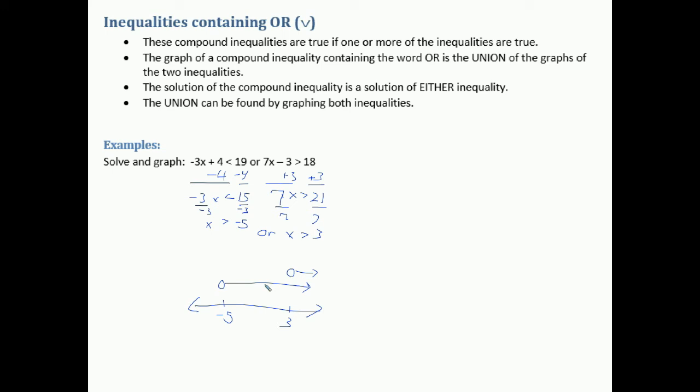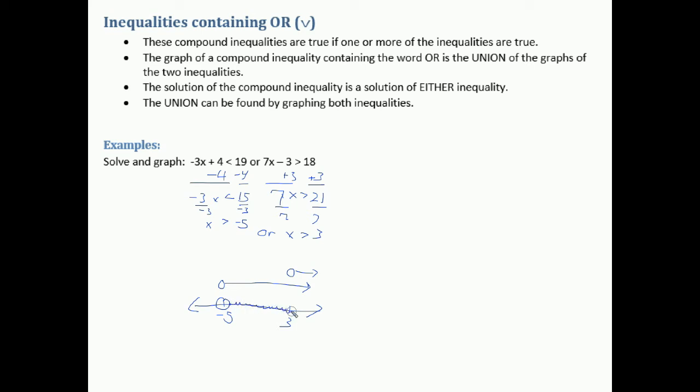Not both, but one. So as we look on our main number line, is this part of our number line covered over here to the left of -5? Well, this is not covered. So anything that's covered by any part works. Not covered, not covered. -5 is not covered, but just to the right of it is. So we have an open circle here. This is covered, covered, covered, covered, covered.